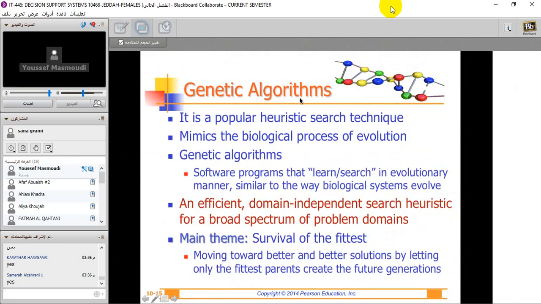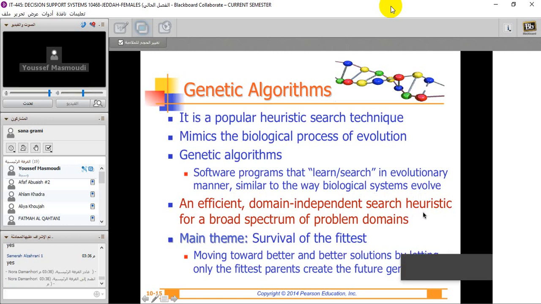Okay, let's see some details. The genetic algorithm is a popular heuristic search technique. It mimics the biological process of evolution. The genetic algorithm is a software program that learns and searches in an evolutionary manner, similar to the way that biological systems evolve. It is an efficient domain-independent search heuristic for a broad spectrum of problem domains.